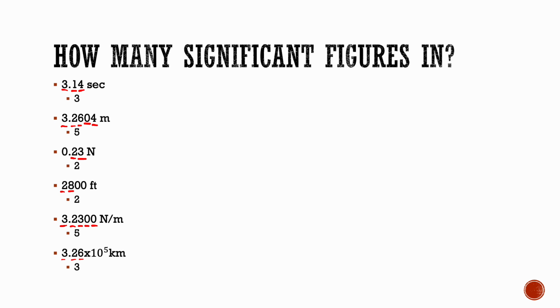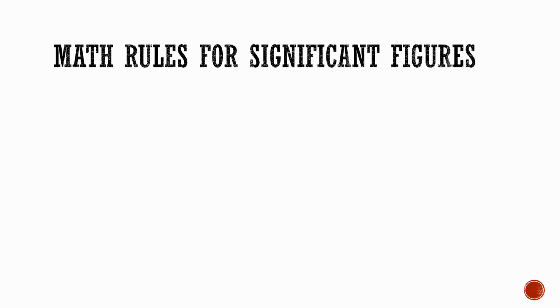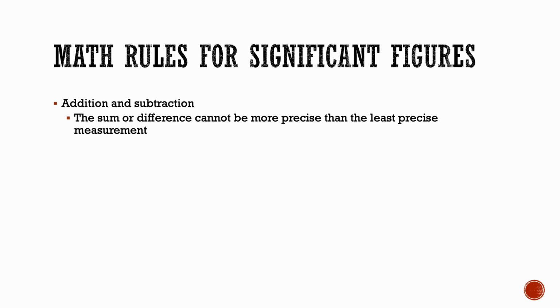Now some math rules for significant figures, as well as precision rules. If we're looking at addition and subtraction, we are looking at precision. A sum or difference cannot be more precise than the least precise measurement. So if something is measured to, let's say, the nearest 1,000, and something else is measured to the nearest 100, our answer would have to be to the nearest 1,000.